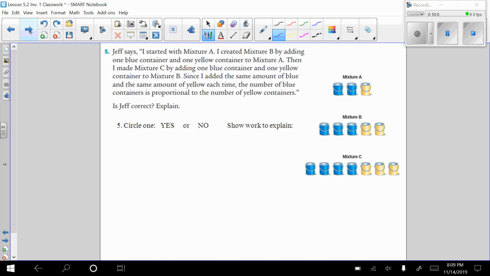Now let's look at some paint cans. Jeff was making some mixtures, A, B, and C. He says if he adds one blue can and one yellow can each time, they are proportional. Well, is he right? Let's check. The first mixture has 2 blue cans to 1 yellow. The second mixture has 3 blue to 2 yellow.